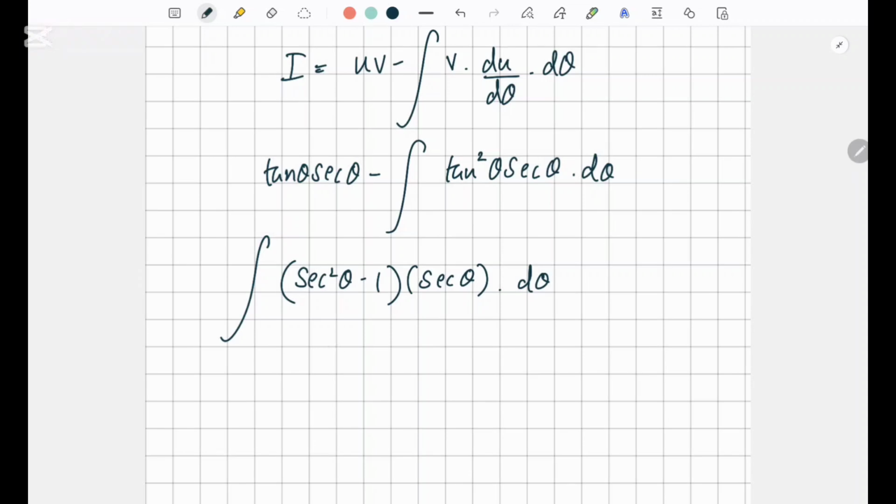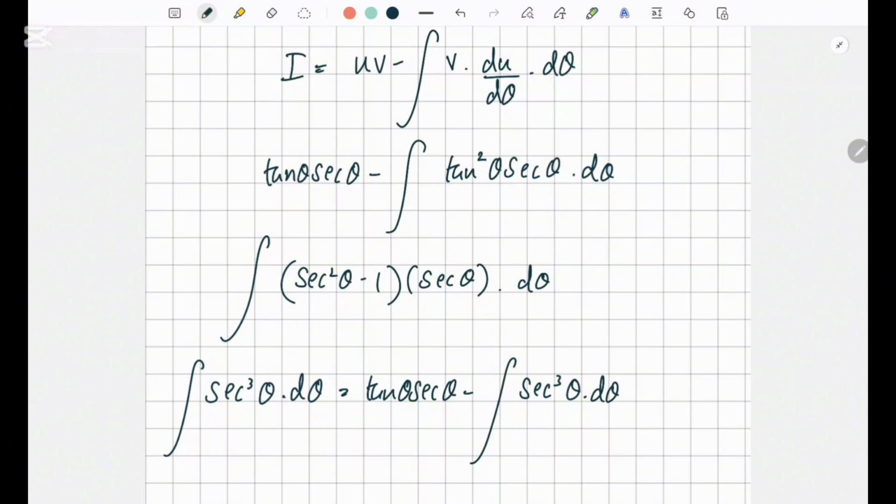So let's write it like this: the integration of sec cube theta equals tan theta sec theta minus, now we have the integration of sec cube theta d theta minus the integration of, so we had the minus over there, so when you expand minus with this minus over there gives you plus, right?